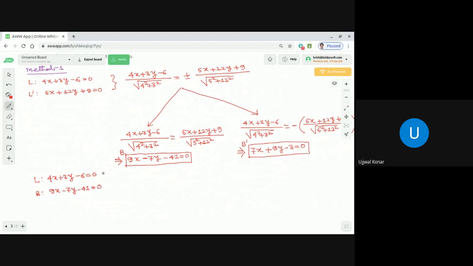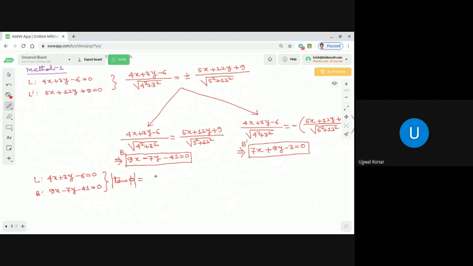Our task is to find the angle between them. If phi is the angle between L and B, then what is the value of mod of tan phi?